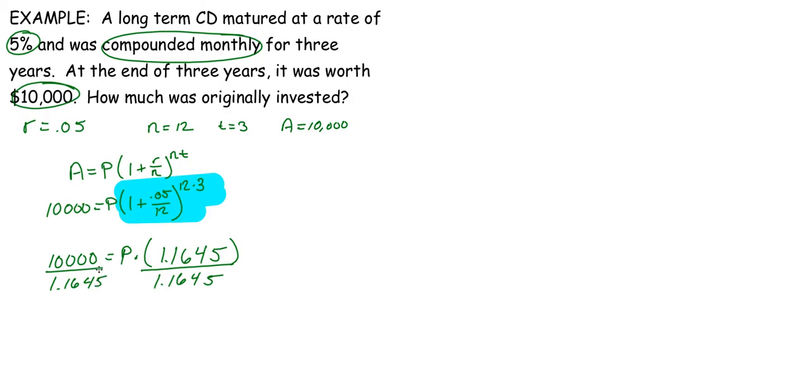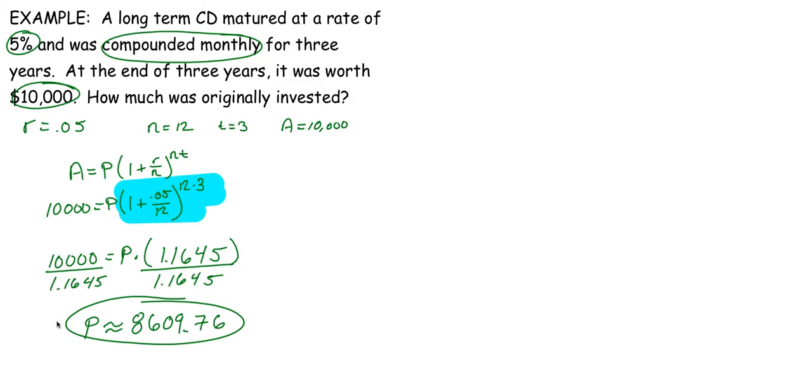So if I do my 10,000 divided by 1.1645, I should get P is approximately $8,609.76. So that means that this was the amount that was originally invested.